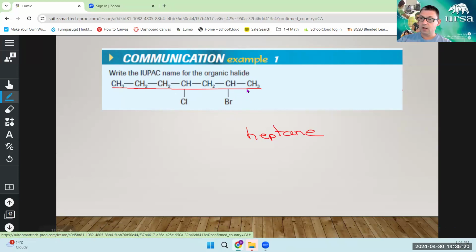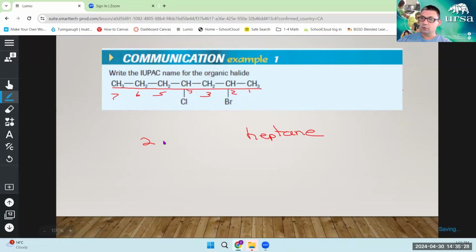So we number this carbon 1, 2, 3, 4, 5, 6, 7. So this would be 2-bromo, 4, rather, chloro, heptane.